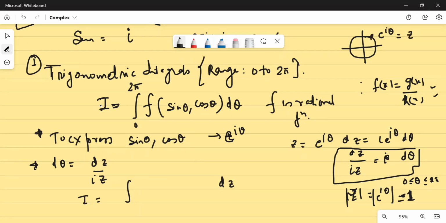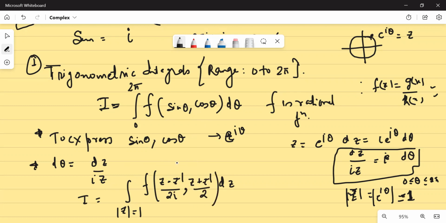So eventually, this integral would become equivalent to writing mod z equal to 1 of a function, where sine theta can be written as e to the power iota theta minus e to the power minus iota theta upon 2 iota, and cos theta would become e to the power iota theta plus e to the power minus iota theta upon 2.